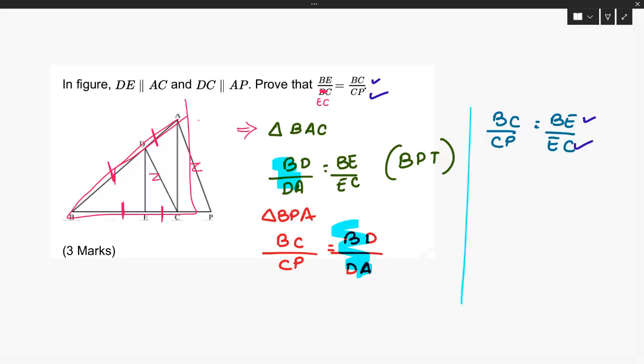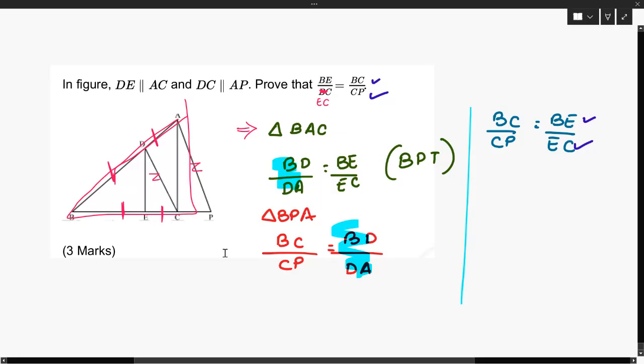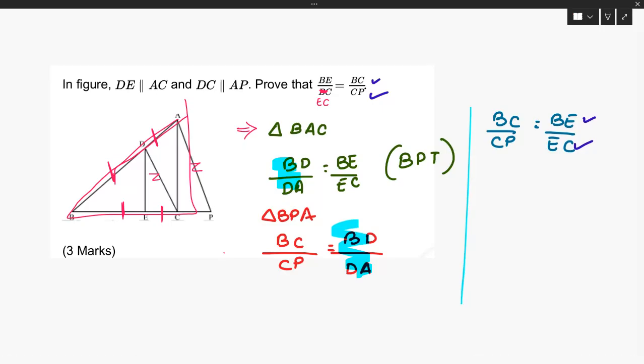Then we have another, smaller pink triangle which I have marked, wherein BD upon DA is equal to BE upon EC. So it is correct. And we cannot write it in any other form. Then it is proved that it is correct.